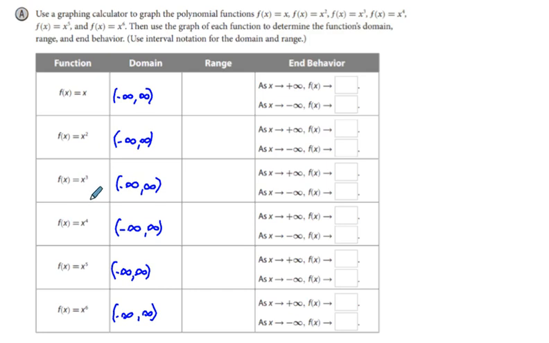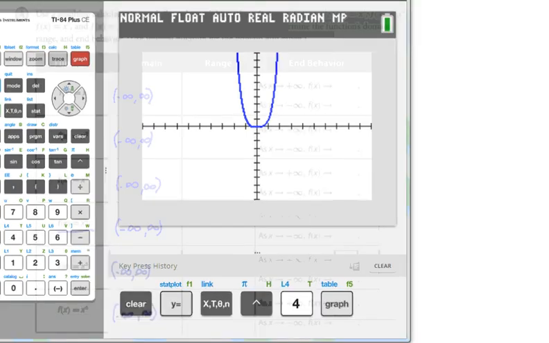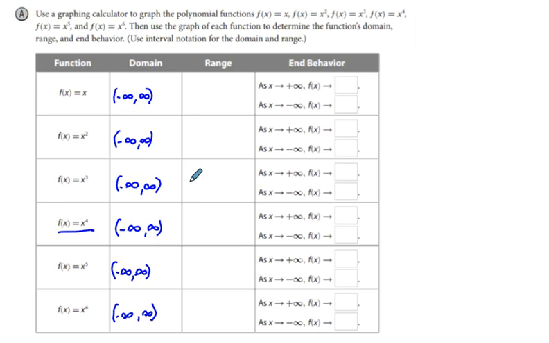Starting out with x to the 4th graphed, looking back at our graph, we have a minimum of 0 where x equals 0, so the function never goes below 0. And so our range is going to be this one in interval notation: from greater than or equal to 0 all the way to less than infinity.